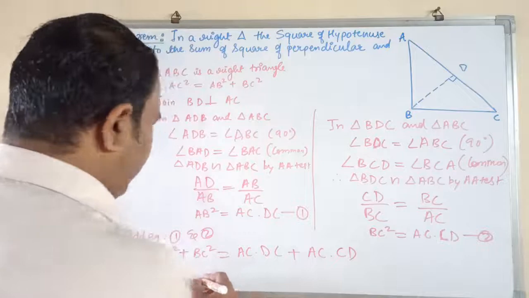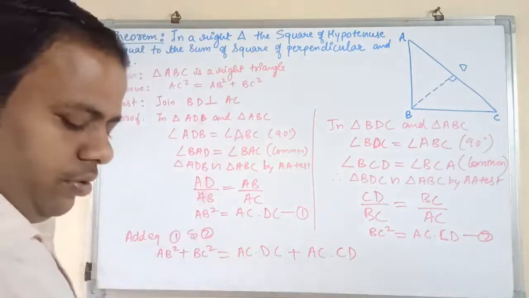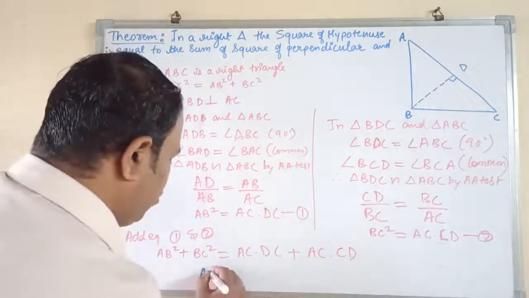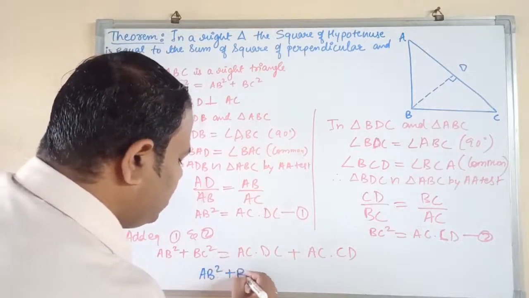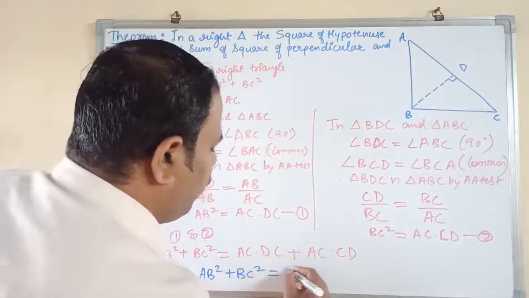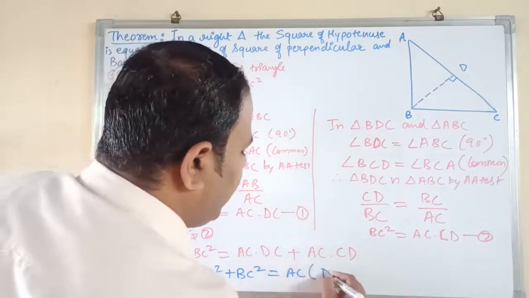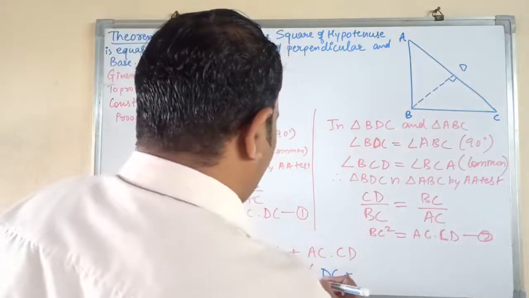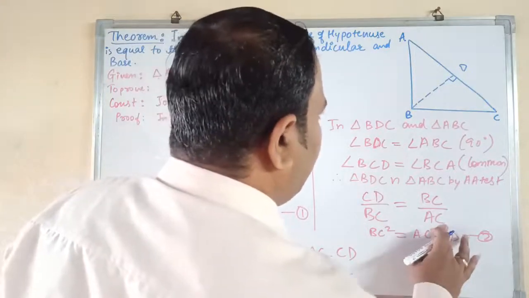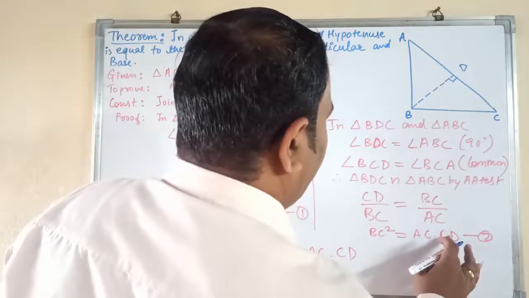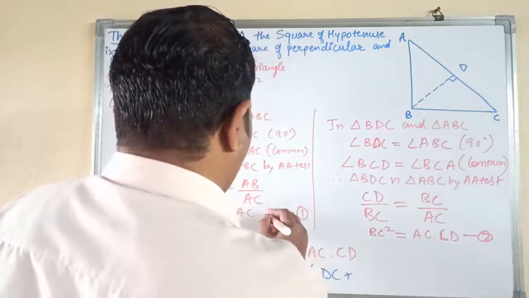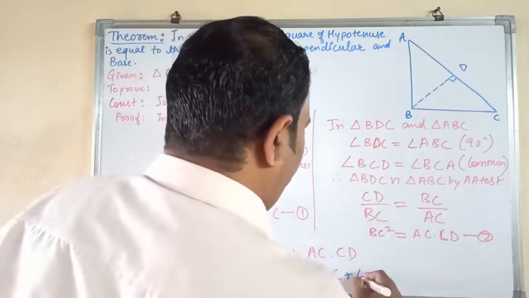So what we can do here, we can take AC common, so AB square plus BC square is equal to AC times DC plus AD.